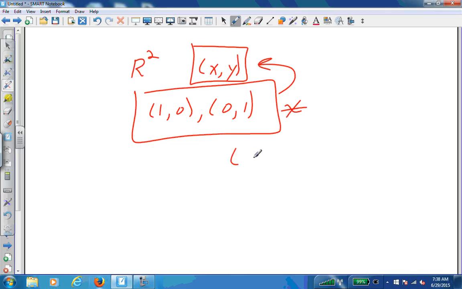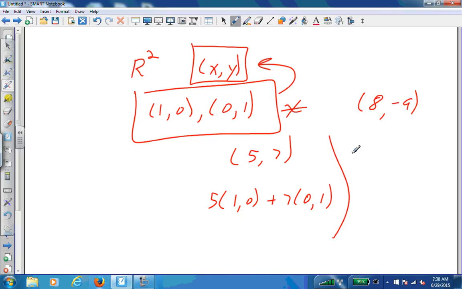For example, if I want the vector 5, 7, then I could take 5 times the first vector plus 7 times the second vector. If I want the vector 8, negative 9, I can do 8 of the first vector minus 9 of the second vector.